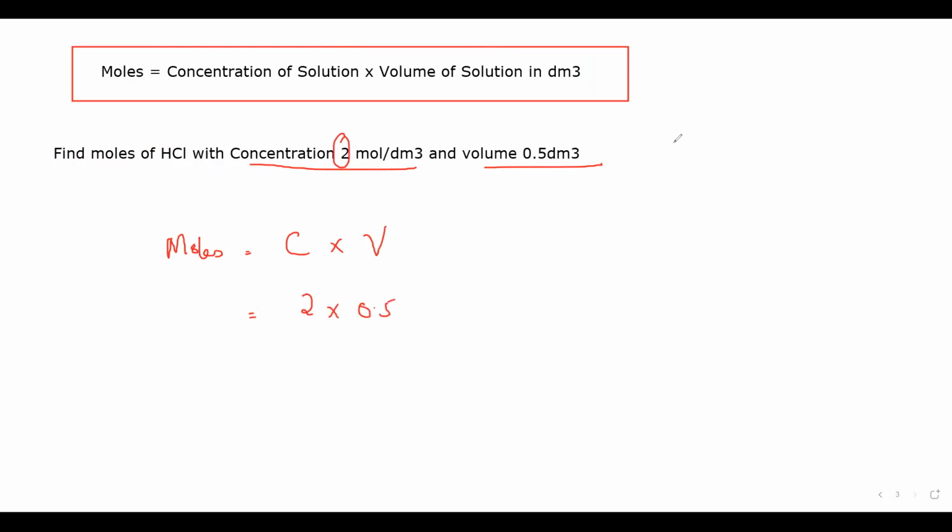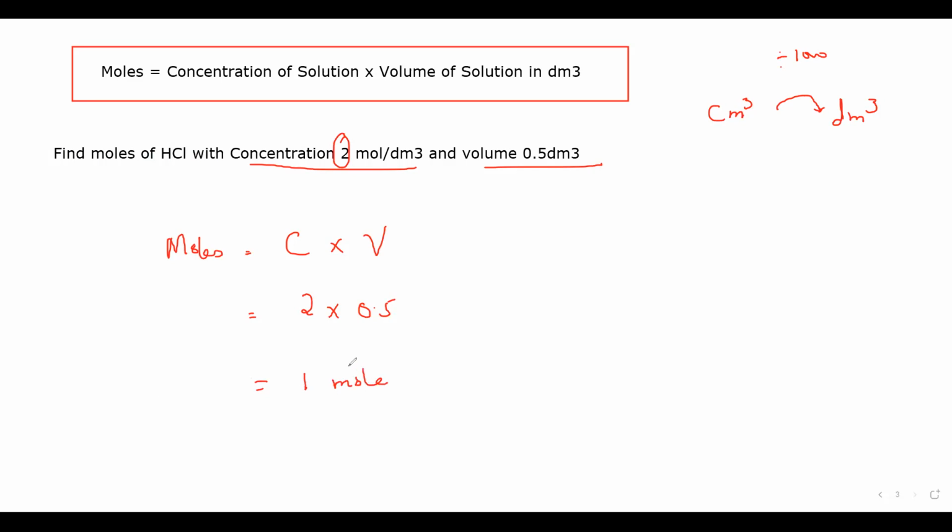Volume is in dm cube. But in some questions they give the volume in cm cube, so you have to convert into dm cube, and from cm cube to dm cube you have to divide by 1000. But in this question it is already in dm cube, so we don't have to convert. So 2 multiplied by 0.5 is equal to 1 mole.